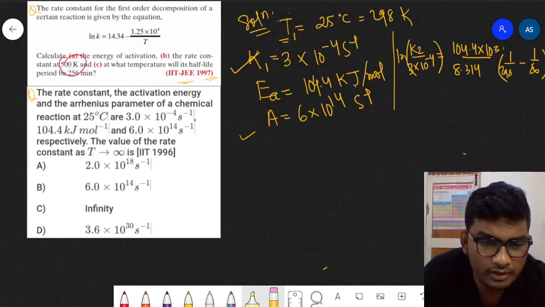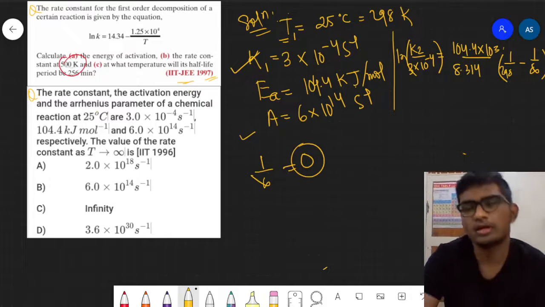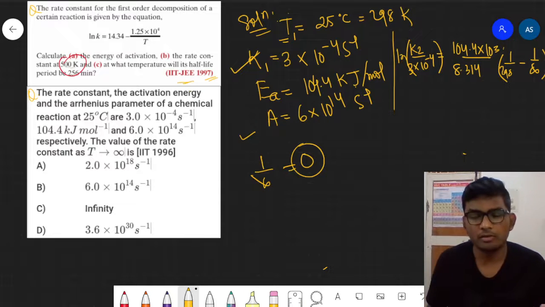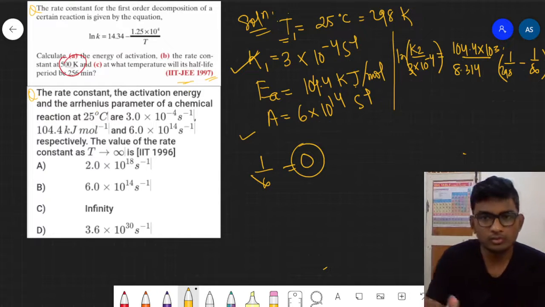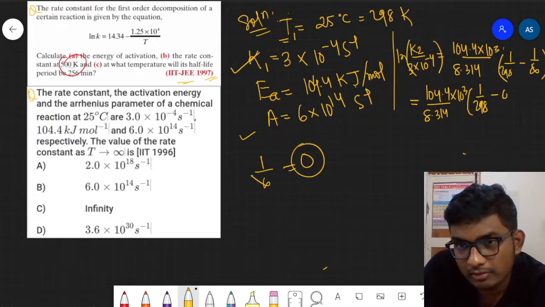So what is the value of 1 by infinite? 1 by infinite is 0. You should know that. Anything divided by infinite is 0. So this term is nothing but 104.4 by 8.314 into 10 to the power 3 into 1 by 298 minus 0.